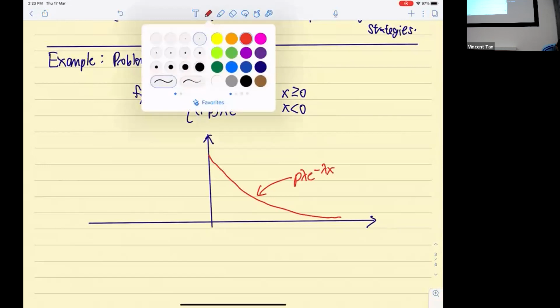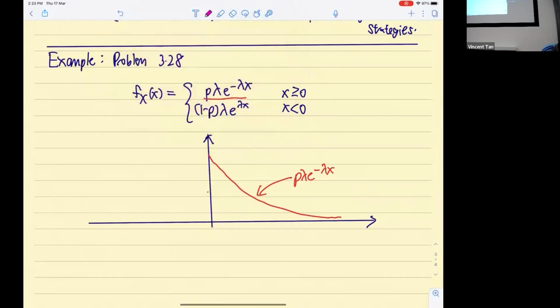And over on this side, we have this decaying curve, which needs to be a little bit lower. This is 1 minus P, and that is P lambda. So basically, I just sketched this graph here. This is our f of x.